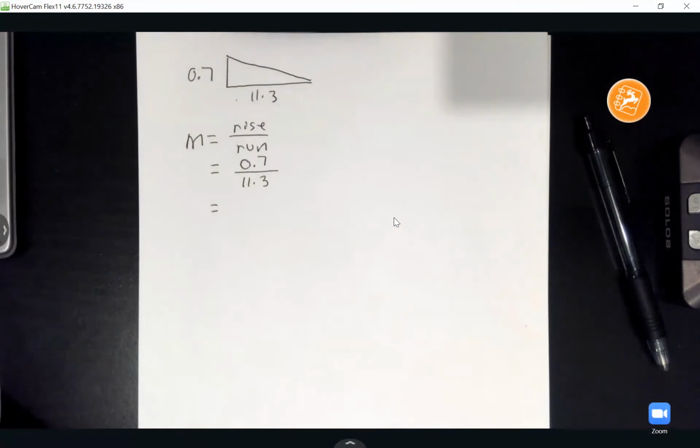So y'all want to go figure this out on my calculator. So notice, these ones you don't have to turn into fractions because it's not telling us to turn this stuff into fractions, okay? All right, so calculator time.